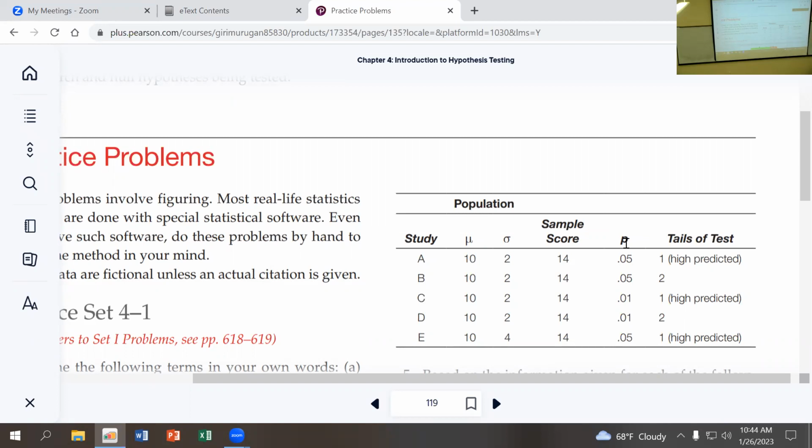Okay, I'll do a couple and you can try the rest. So first, we need to have a normal distribution, which we do.